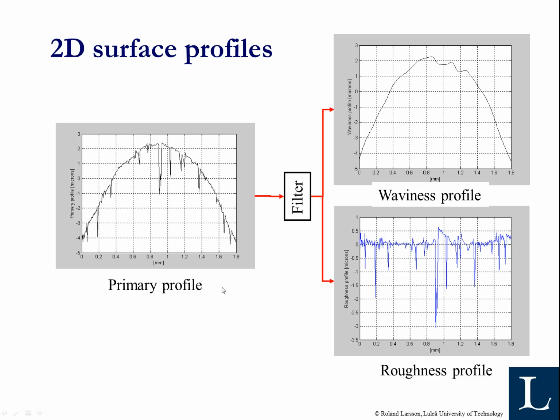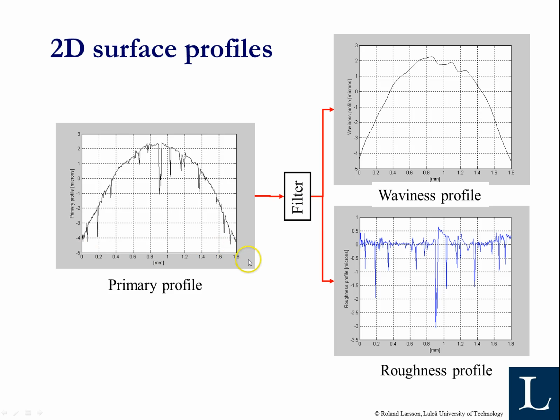If you use a 2D type of measurement, a stylus instrument, you may get a profile, a measurement like this. You can see the roughness here, but on top of that you also have the shape, the form of the actual component. In this case it's a gear tooth, and you can see the scale here.